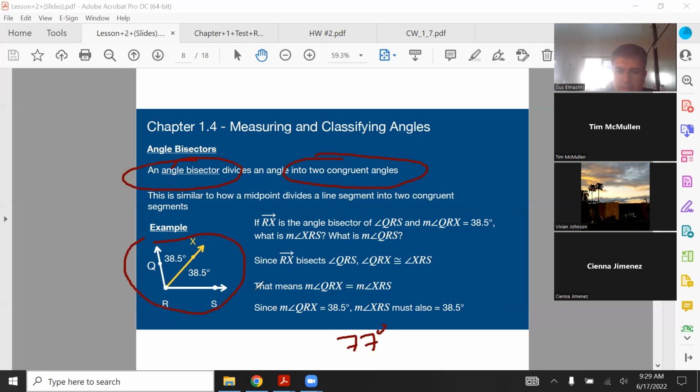If you add 38.5 to 38.5, but RX is called the bisector, so it just cuts QRS in half. So it means that QRX and XRS will be the same. And I guess they happen to be 38.5. So just cutting in half, that's all it is. So that's an angle bisector.